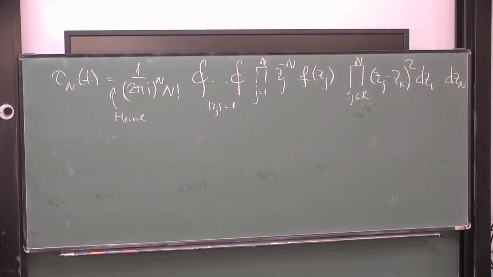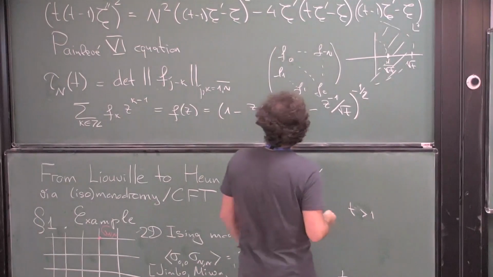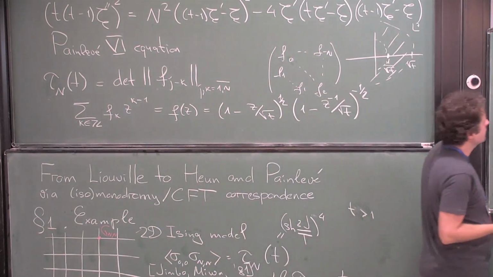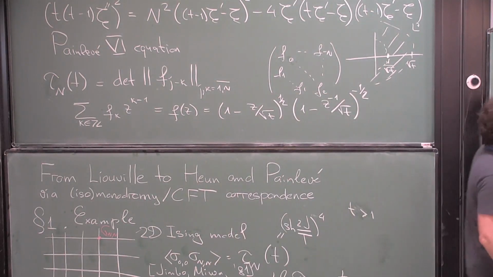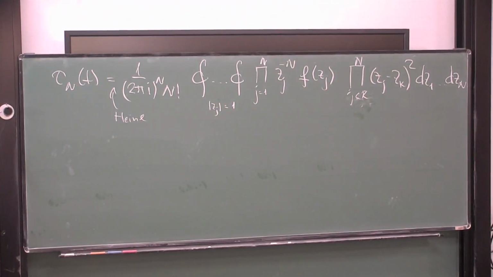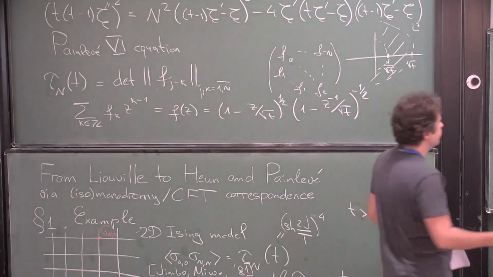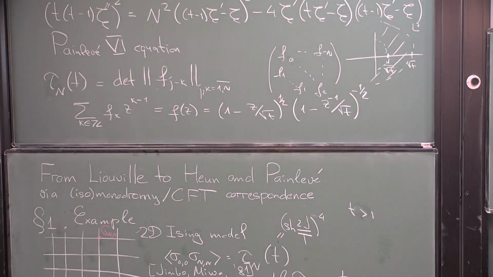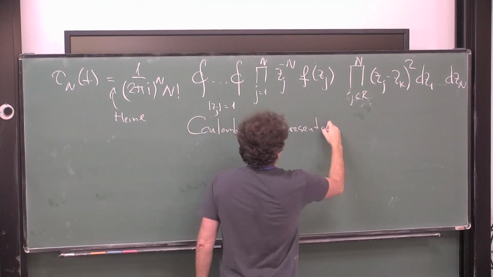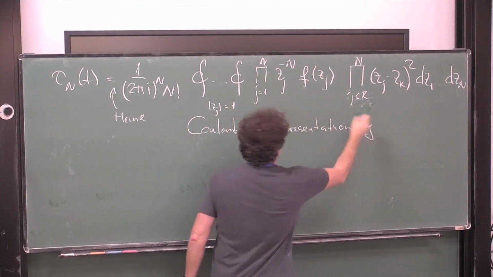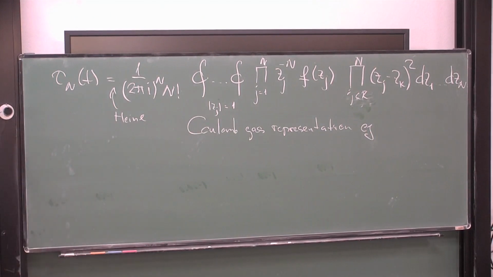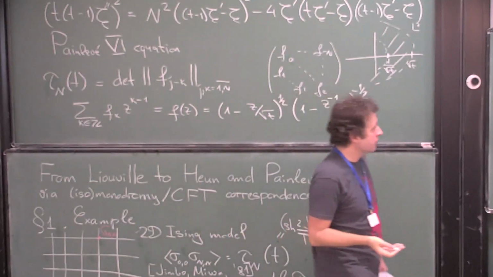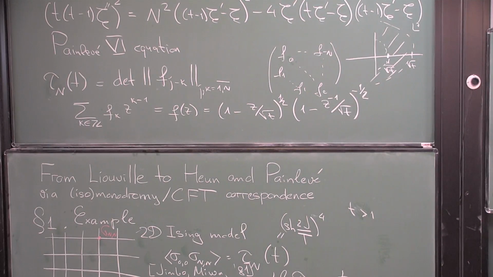Yeah, and so this is where I come closer to the topic of this lecture. So you see that the multidimensional integral that we have here is actually a Coulomb gas representation of a particular c equal to 1 conformal block of Virasoro algebra.